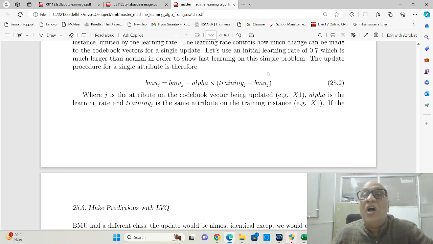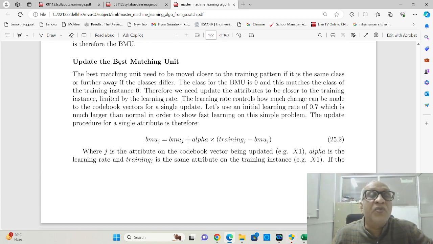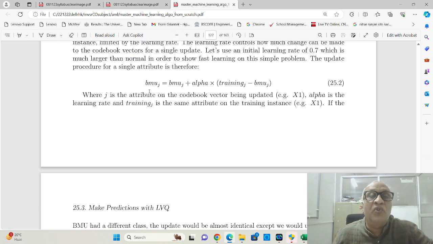Now how am I going to update the best matching unit value using this formula? BMU j is equal to BMU j plus alpha multiplied by training j minus BMU j. What is j? j is the attribute on the codebook vector being updated, which is x1.